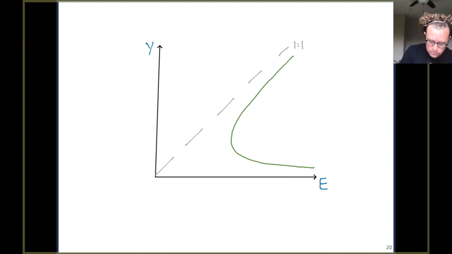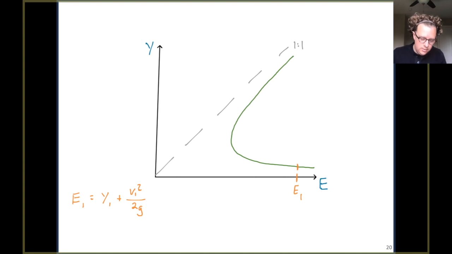Now, you'll remember, of course, that we could calculate energy at point 1 as y1 plus v1 squared over 2g. And we know that we were in the supercritical state. And so if we do those calculations, we would end up with E1 and Y1 somewhere like this on our specific energy diagram. Right? And if I'm remembering correctly, E1 is about 5.3 feet.